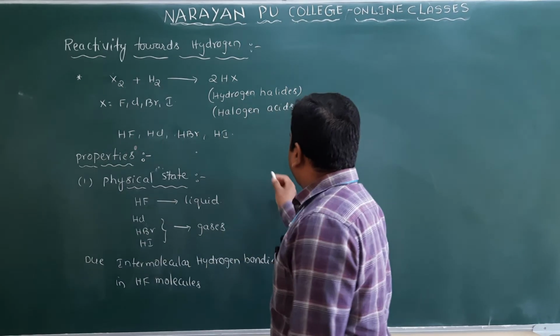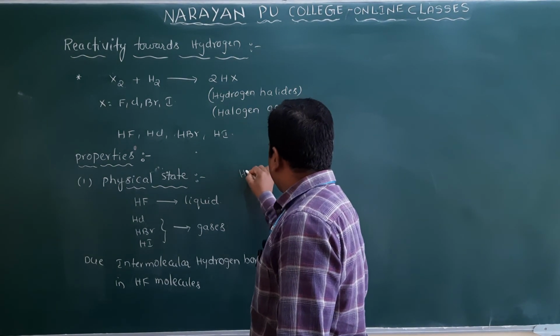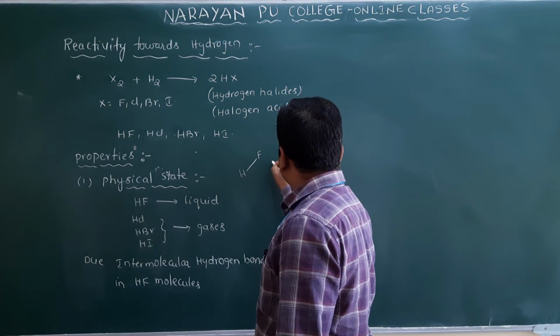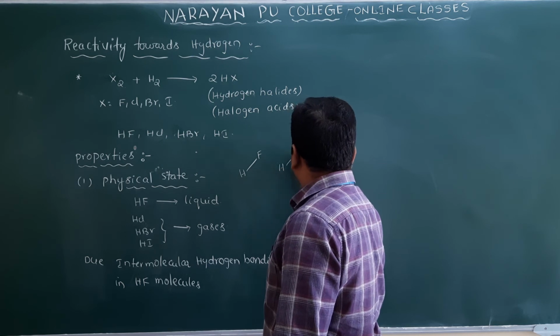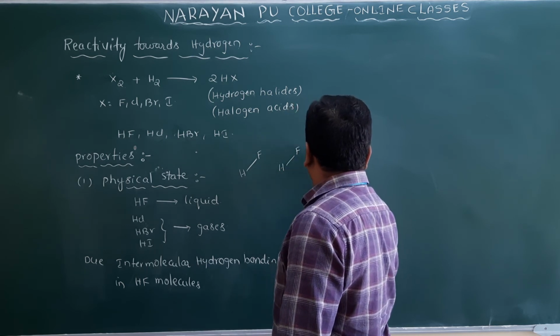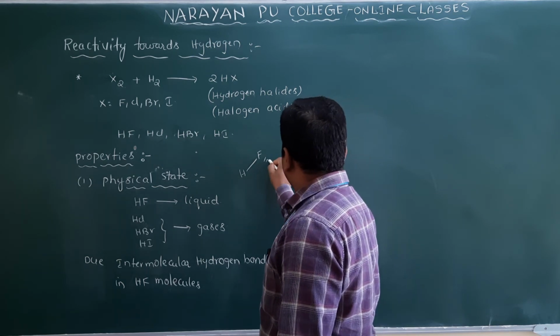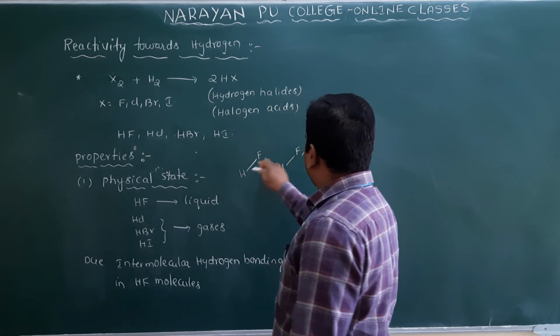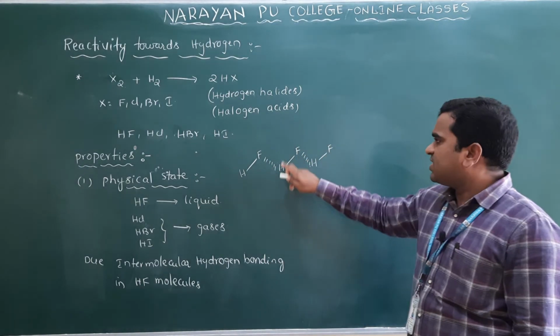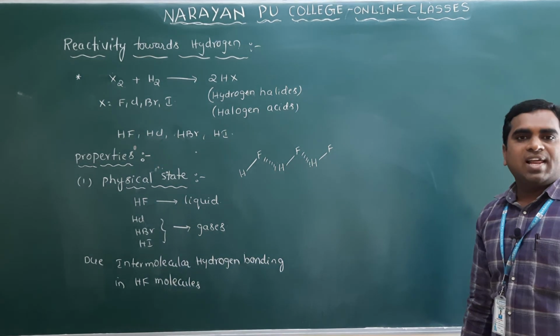Simple. If I write HF molecules like this, you see over here there is hydrogen bonding: a highly electronegative atom, and hydrogen which is attached to a highly electronegative atom.